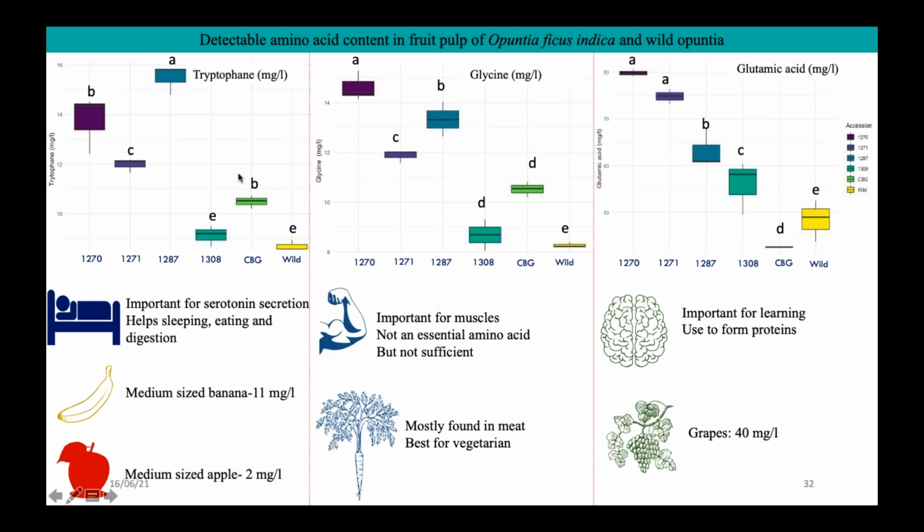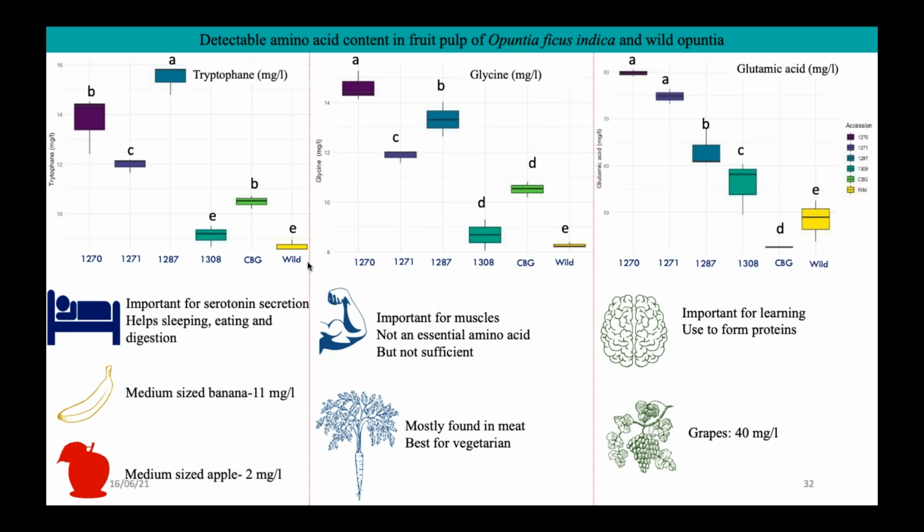This is the spineless one which we are cultivating on our farm. They have higher amino acids than the wild one. One of the probable reasons is that these extensions are being maintained very carefully by us. On the other hand, this wild one was left unattended. It must have gone through a lot of stress. That's why maybe the nutritional requirement of the fruit might not be sufficed, from the stress level.